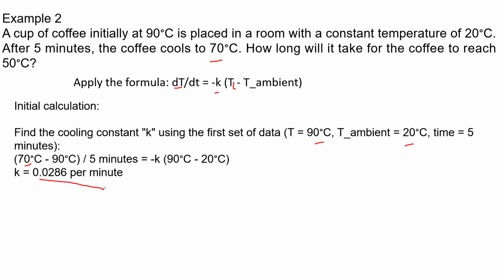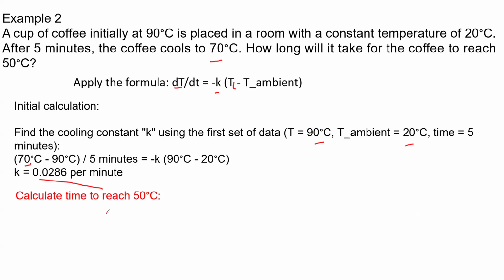So how long will it take for the coffee to reach 50 degrees centigrade? After keeping it for 5 minutes, the temperature decreases to 70 degrees centigrade. So how long will it take to reach 50 degrees centigrade? That is the second part of the calculation.